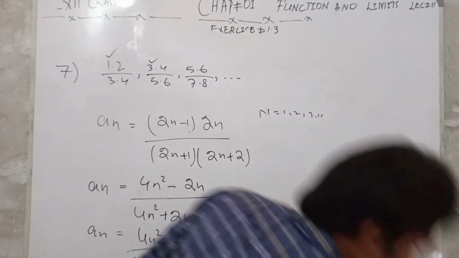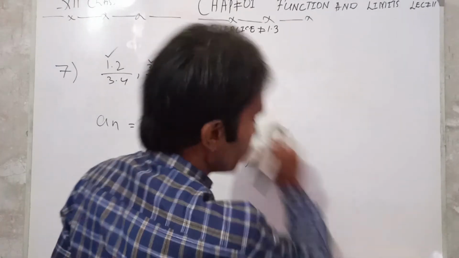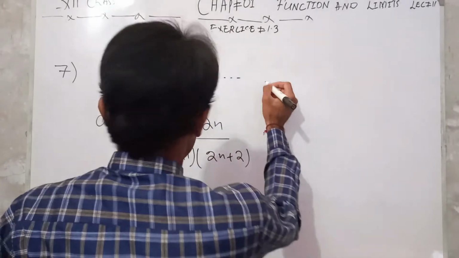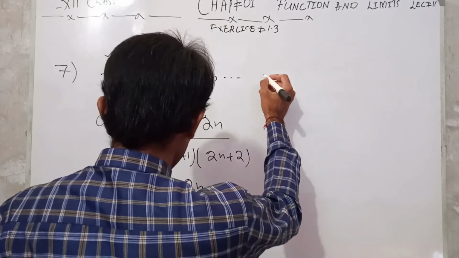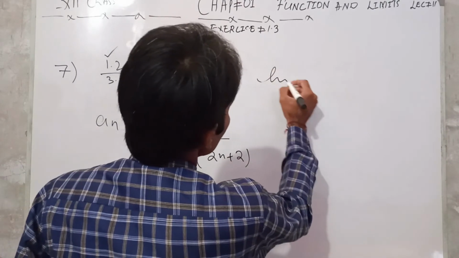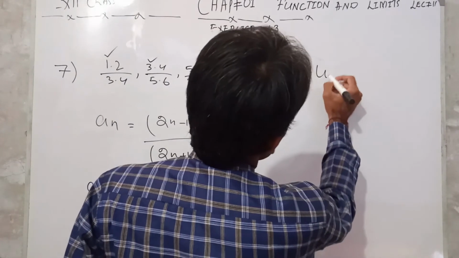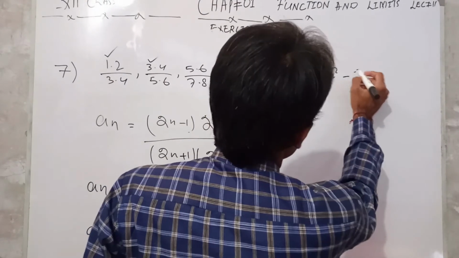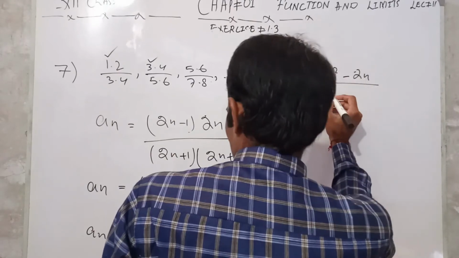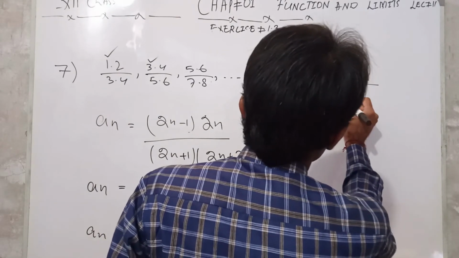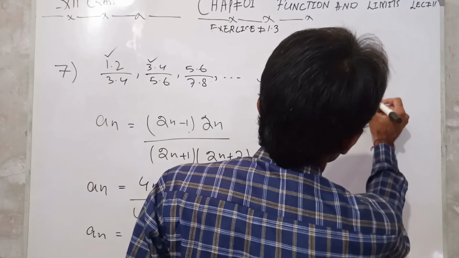So now we will apply the limit. We have found the general term. Limit n approaches infinity of 4n square minus 2n divided by 4n square plus 6n plus 2.